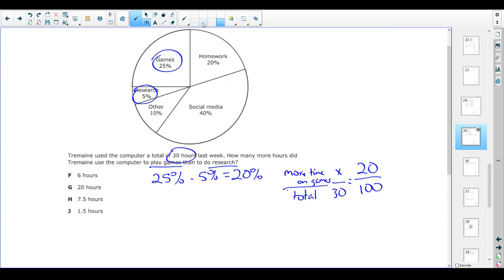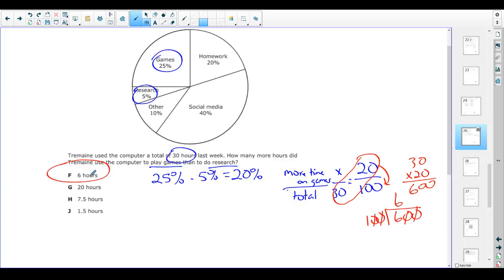And there's a proportion, so we just solve this. 20 times 30, or 30 times 20, is 600. Divided by 100. Or we just move the decimal back 2 places, or cross off 2 extra zeros. 6 divided by 1 is 6. We spent 6 more hours.